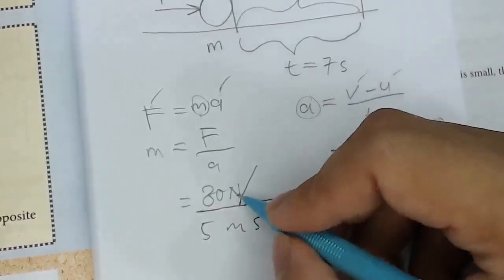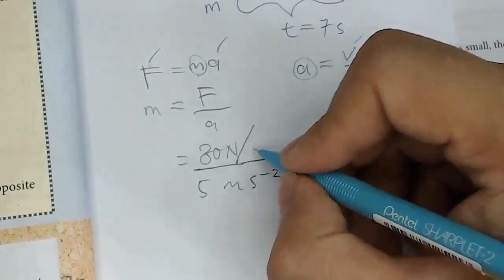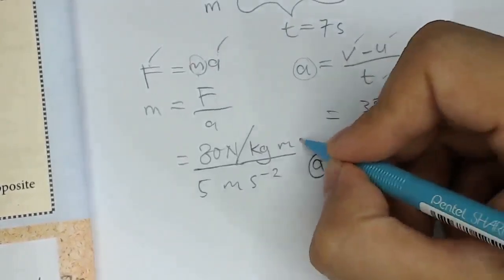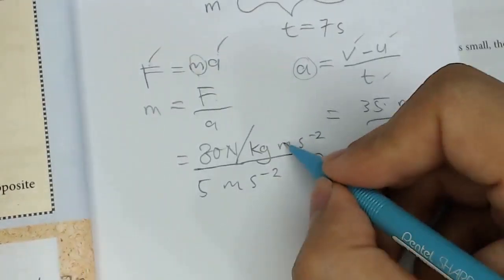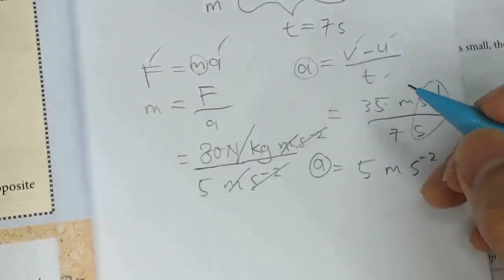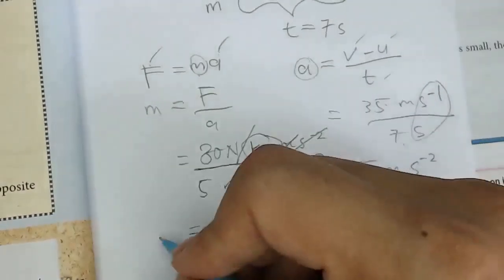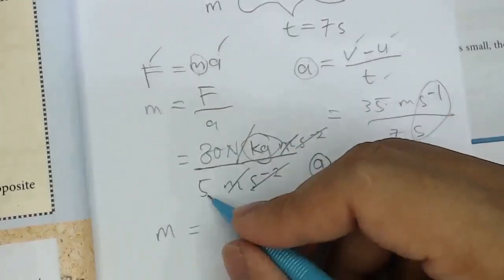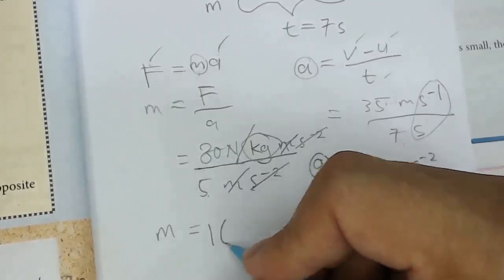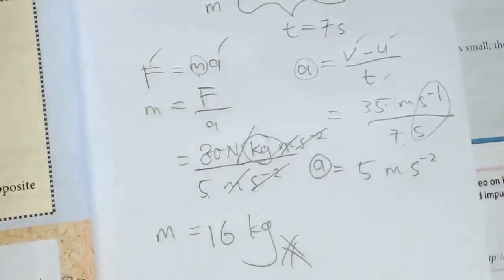We know the unit for Newton in SI unit is kilogram meter second negative 2. The meter here can be eliminated with the meter here, and so does the second negative 2, and all that is left is kilogram, which is the unit for mass, correct? 80 divided by 5, we get 16 kilogram, and here it is, the mass for the object.